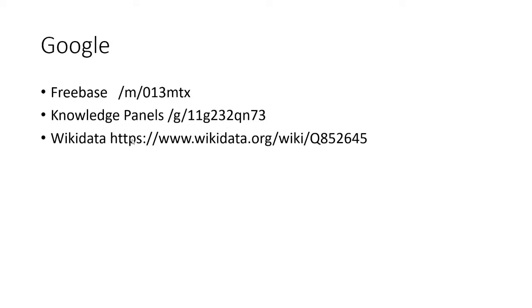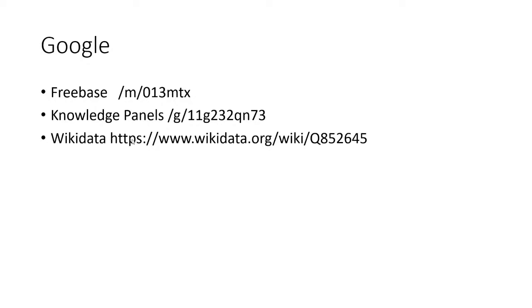But as I said before, we can also use, for example, Wikipedia or Wikidata. So if I'm looking for a specific town called Longview down in Texas, it will have an entry on wikidata.org/wiki, and then the identifier for Longview.